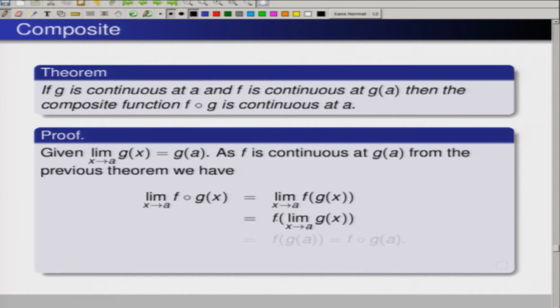So, we can take the limit inside. So, this is f of the limit as x goes to a of g of x, that is equal to f of g of a, which is nothing but f composed with g at a. So, if g is continuous at a and f is continuous at g of a, then f composed with g is continuous at a.